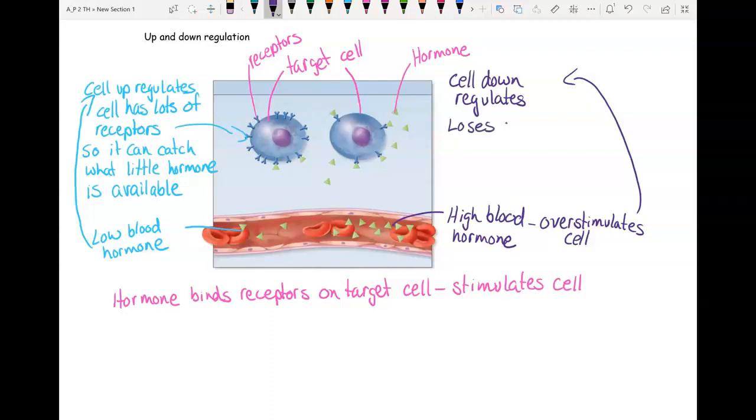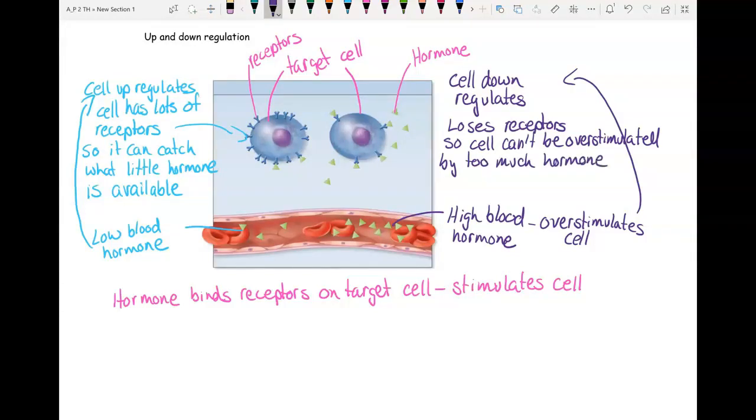So it loses receptors. This way the cell can't be overstimulated by too much hormone binding to it. So it's the cell's way of protecting itself from being overstimulated by high hormone level.